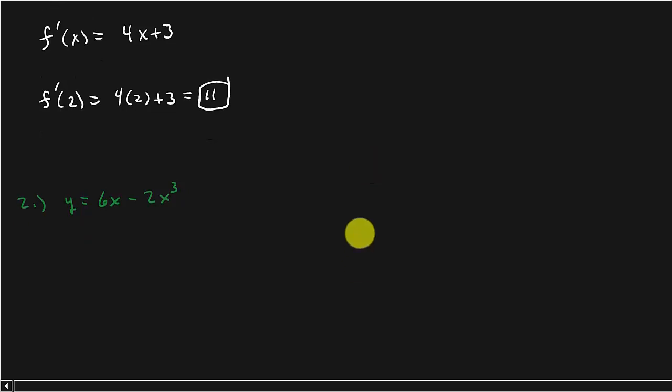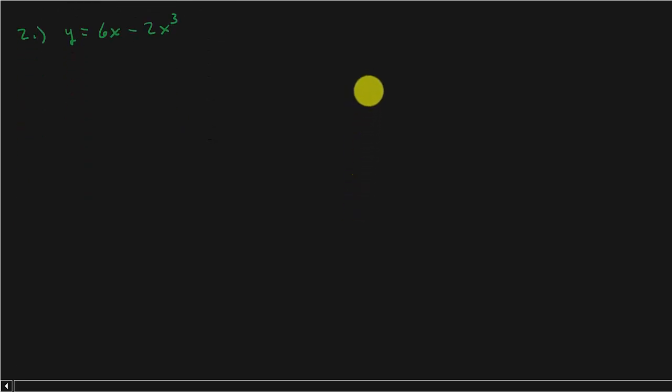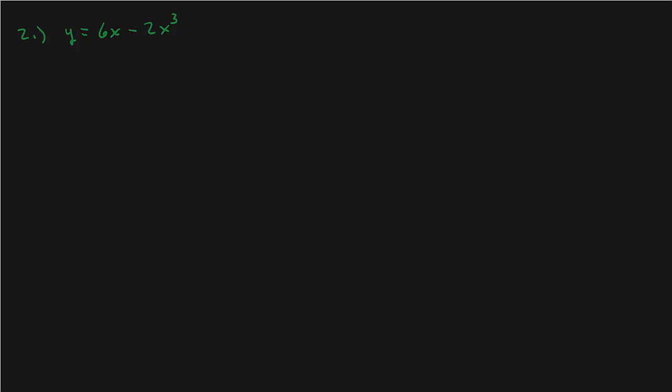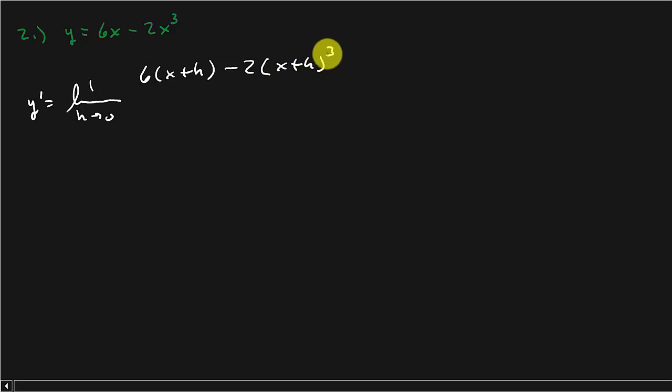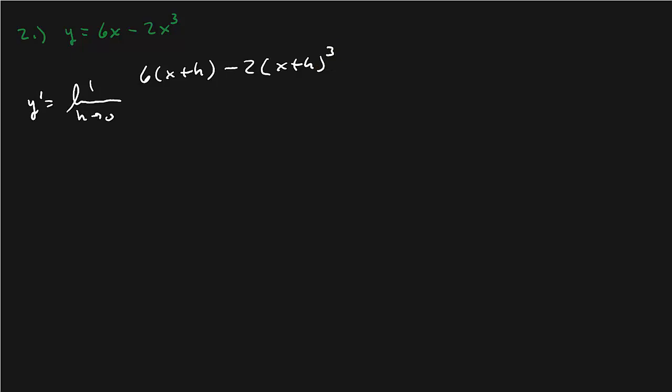All right, so let's look at this one. We've got y equals 6x minus 2x cubed. Let's go ahead and find the derivative. So I've got y prime is equal to the limit as h goes to 0 of 6 times x plus h minus 2 times x plus h cubed. All right, there's your f of x plus h right there.